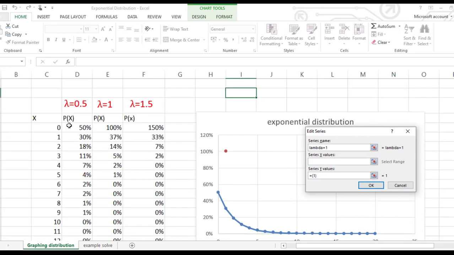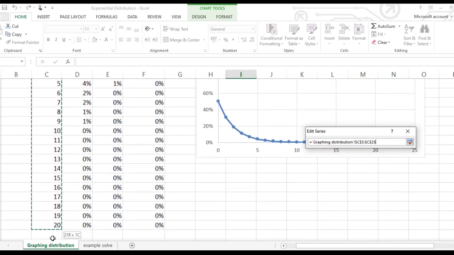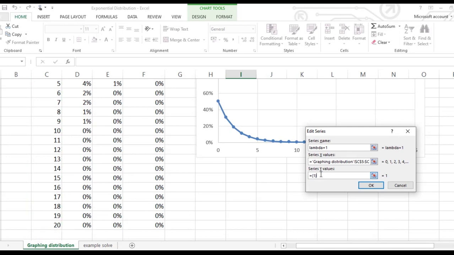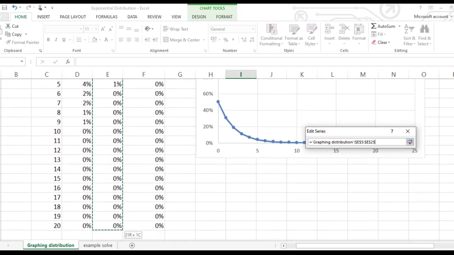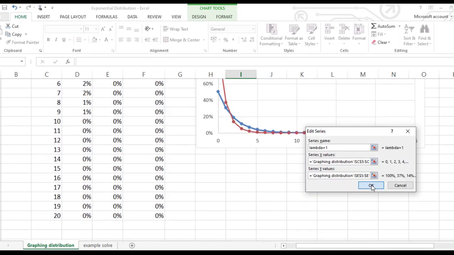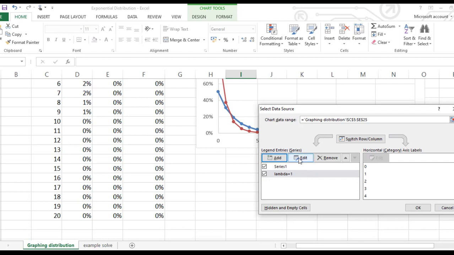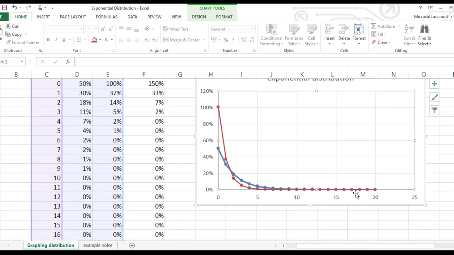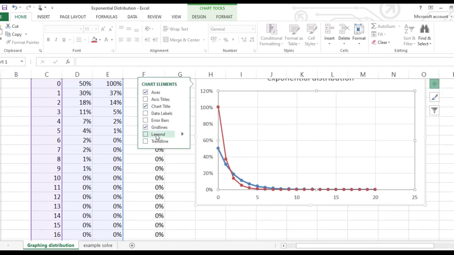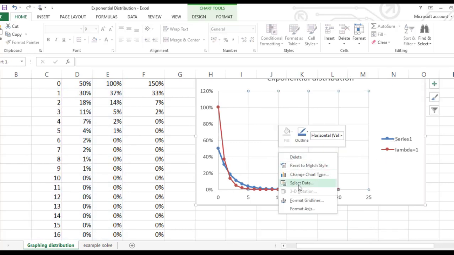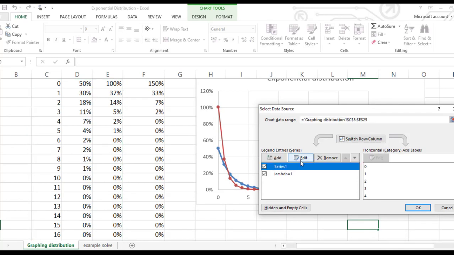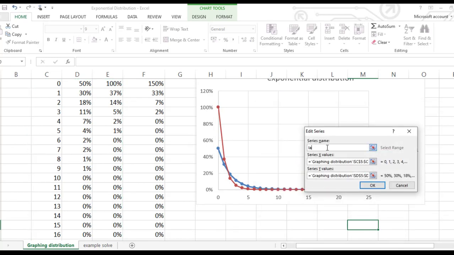Okay, so the series x value would remain constant. Okay, and what would be the series y value? Series y value would be the corresponding probability for different values of x. I should use the legend command to show. Okay, I think the name of this series one has not changed, so let me change it again. It's lambda equals to 0.5.